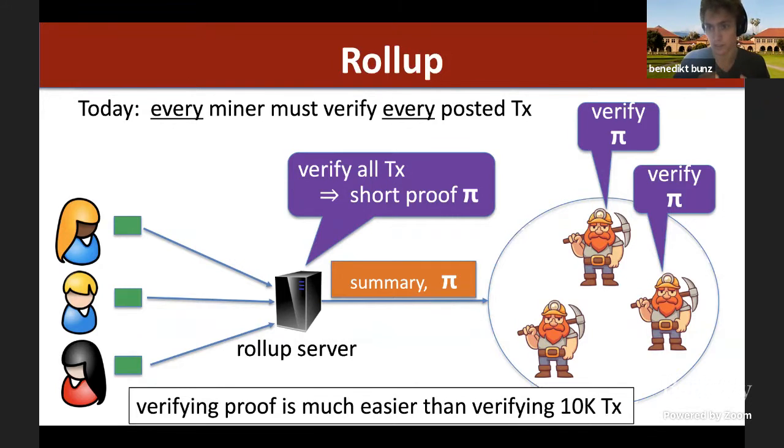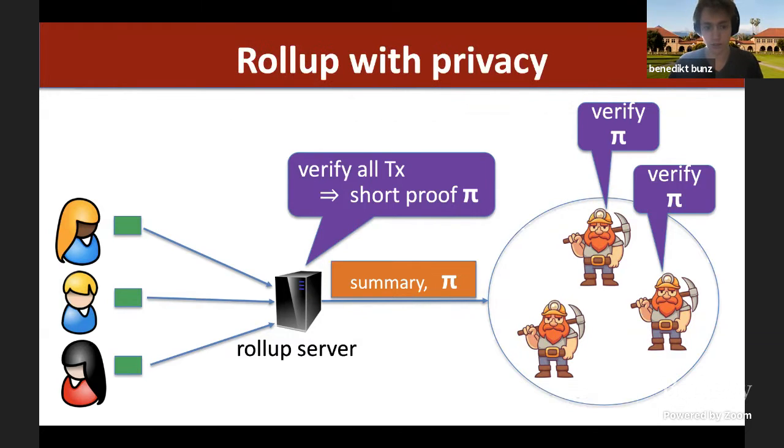So this is an efficiency gain that is achieved using Rollup. But sometimes you also want Rollup with privacy. You want transactions that themselves reveal no information, or less information, about how much money a person is transacting to another person.